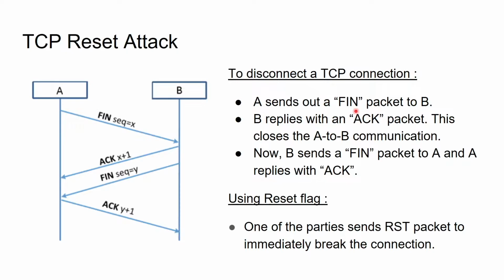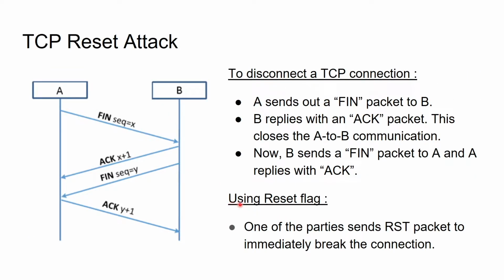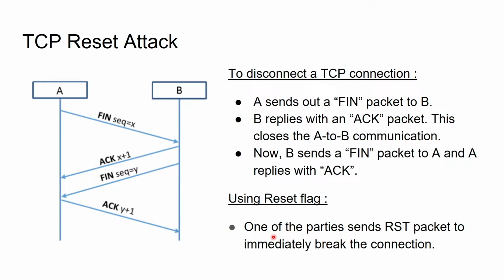But besides the FIN bit, we also have a reset bit. If an attacker uses a reset packet, that means the reset bit is set to 1, and the attacker sends the reset packet to A or B, then the connection between A and B will be broken immediately.